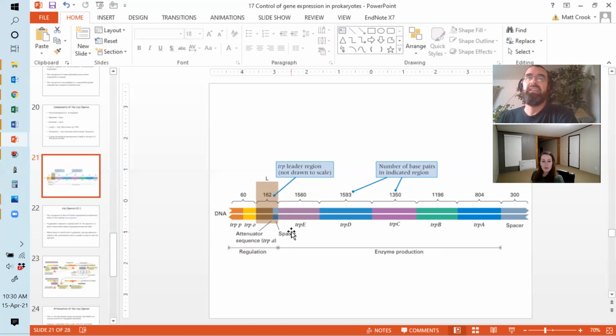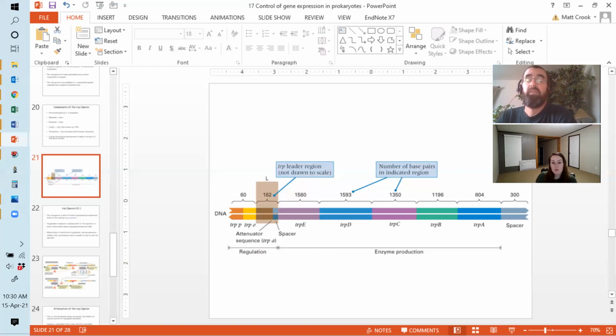That little leader mRNA is going to get translated as soon as RNA polymerase moves along. You're going to have a ribosome following that mRNA as it gets produced, as the RNA polymerase moves along the DNA, because transcription and translation are coupled.